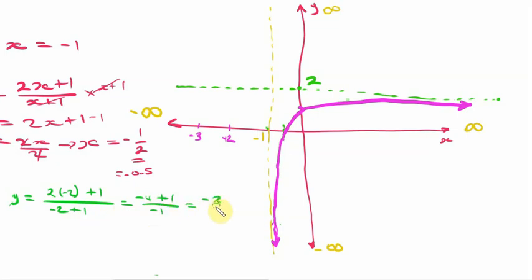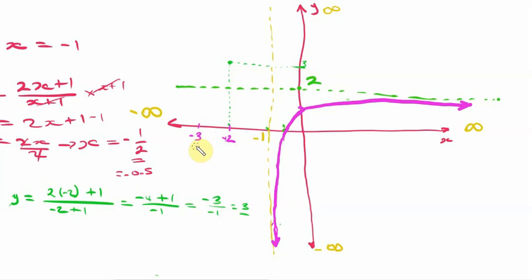So minus 3 over minus 1 gives me 3. So if x is minus 2, the graph is at 3. 3 will be somewhere there. So this is our point.